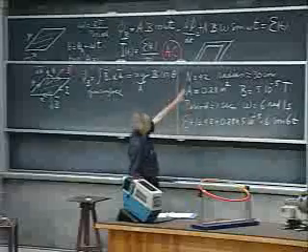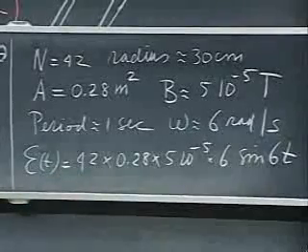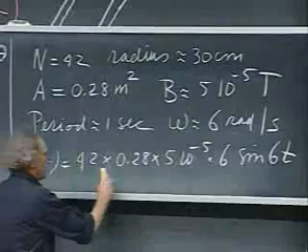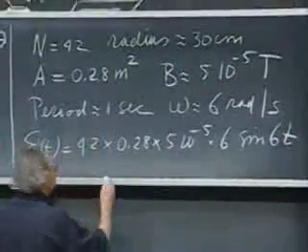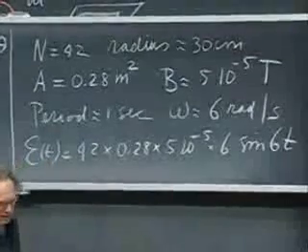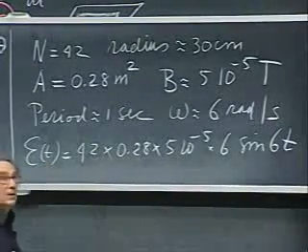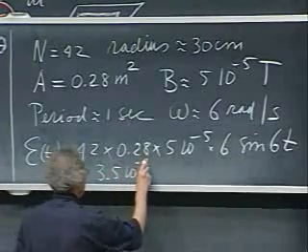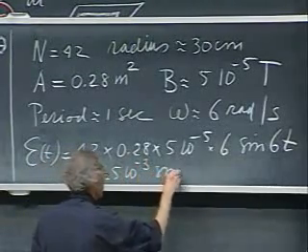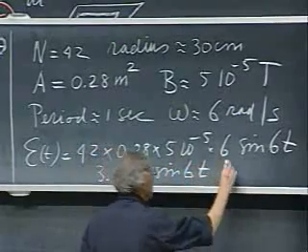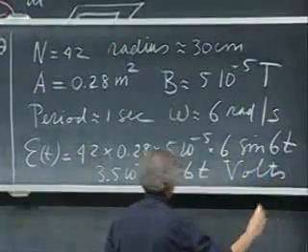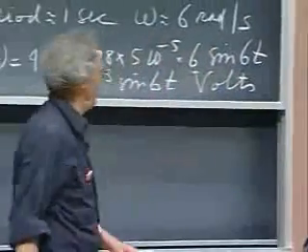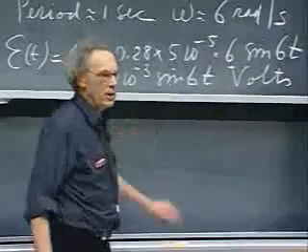The only difference is we have a capital N now here because we have N windings in the closed loop. And this number here in front of the sine 6t, you should check that, is about 3.5 millivolts. 3.5 times 10 to the minus 3 times the sine of 6t, and that now is in volts. So you get an alternating EMF, positive, negative, and the maximum value that you would get is 3.5 millivolts.